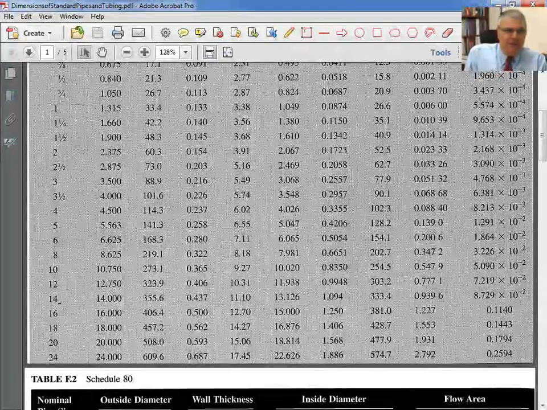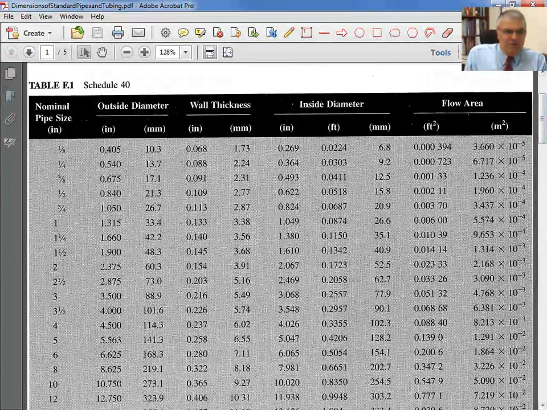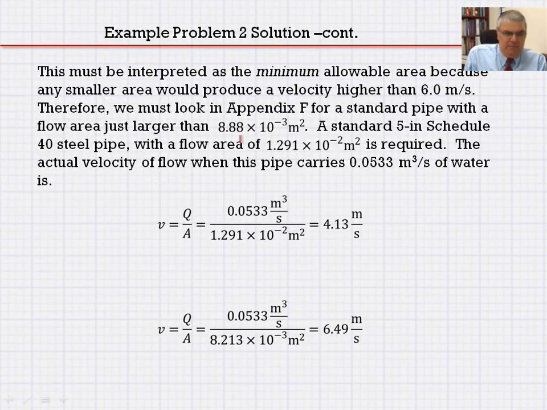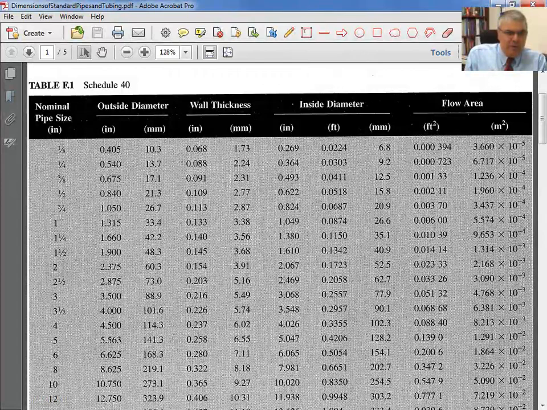As you can see, I'm looking at one of the appendices. The flow area is also given here. If you look at this table and compare 8.88 times 10 to the minus 3, you'll see that the standard 5-inch Schedule 40 steel pipe would fit here.